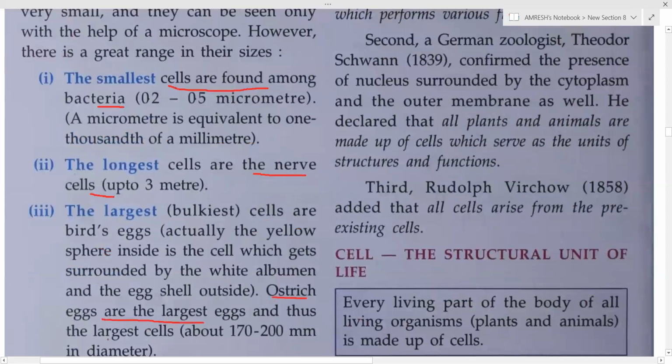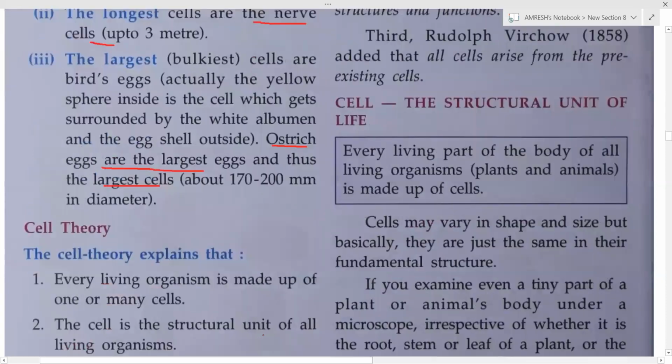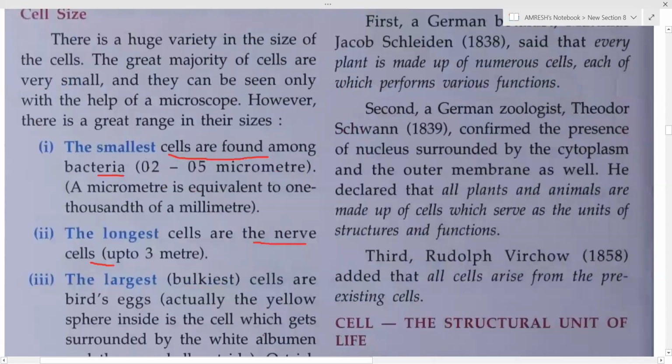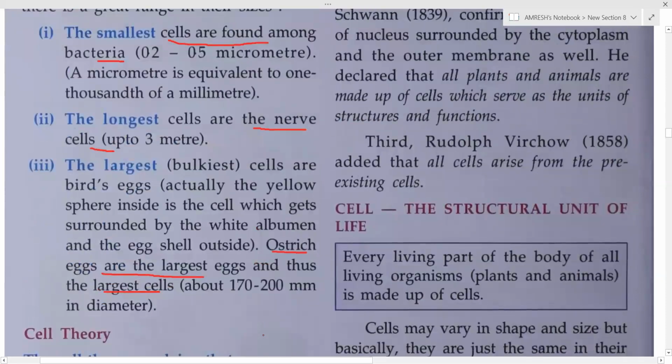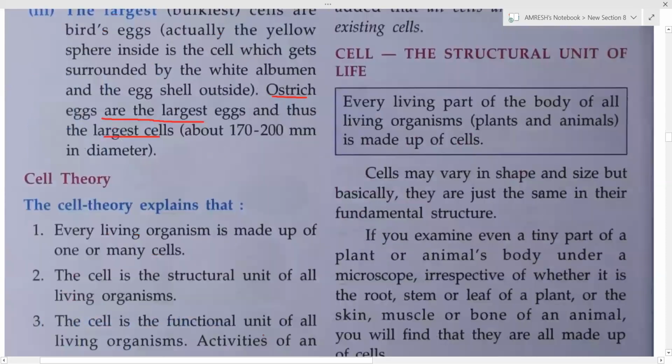So smallest is bacteria, longest is nerve cell, and largest is the bird's egg. The ostrich egg is the largest cell in biology, among other organisms.